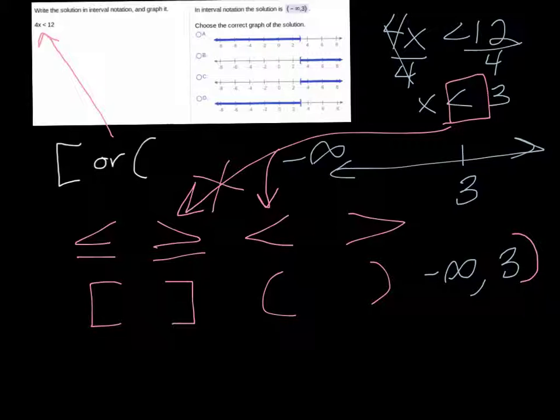So for that upper boundary, 3 cannot be included, so you put a parenthesis. And for the infinity, well, that's never included, so you go ahead and put a parenthesis.